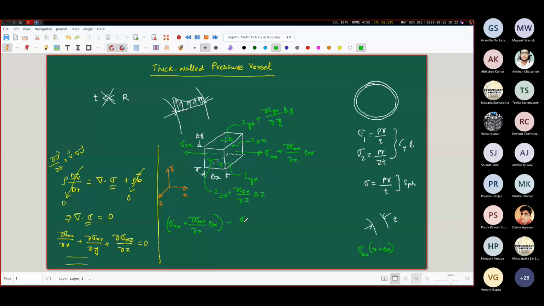Next, I have tau yx plus del tau yx del y delta y, this entire thing minus tau yx, plus tau zx plus del tau zx del z delta z minus tau zx. This is equal to 0.